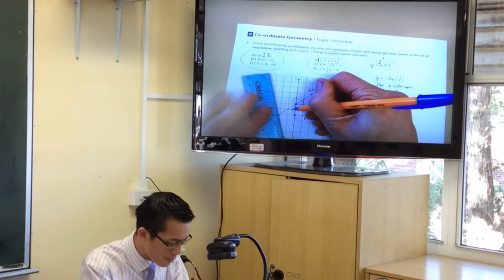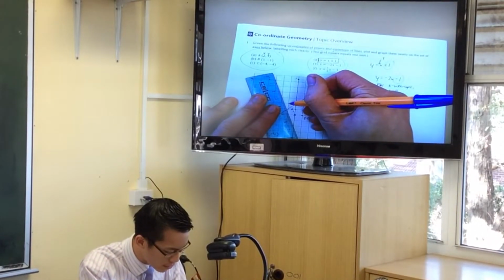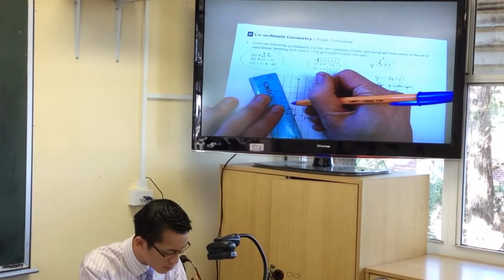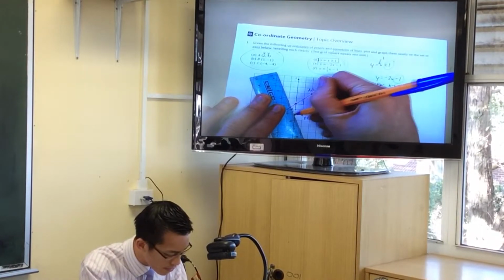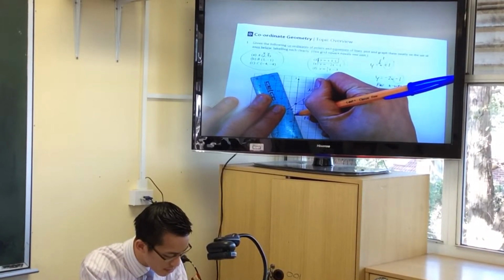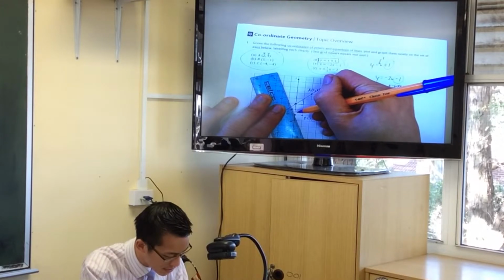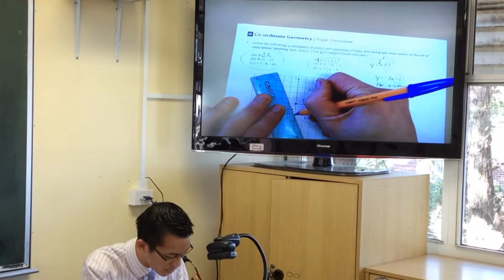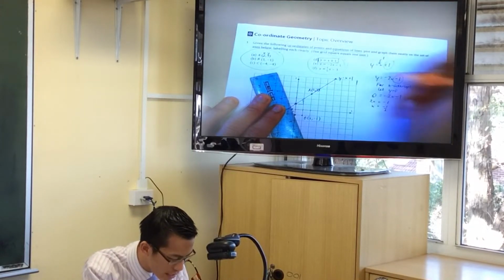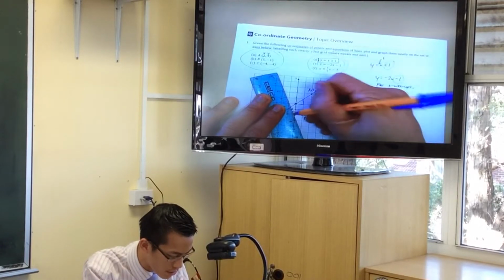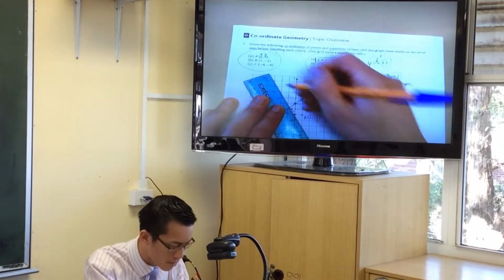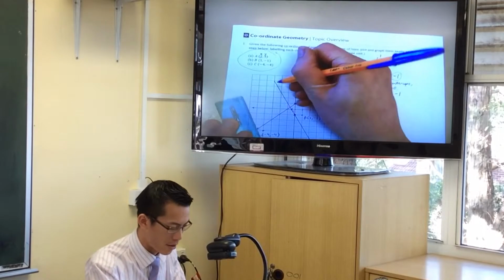So now I join them up. Okay, let me see if I can do this. If you don't get it right, you can always draw more lines until it all looks good. It'll be something like this actually. There you go.